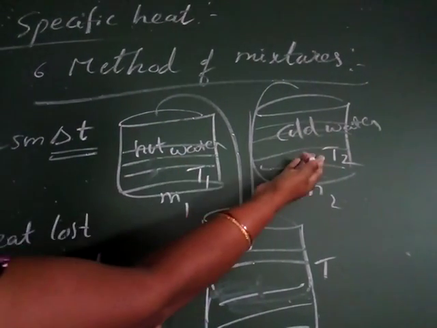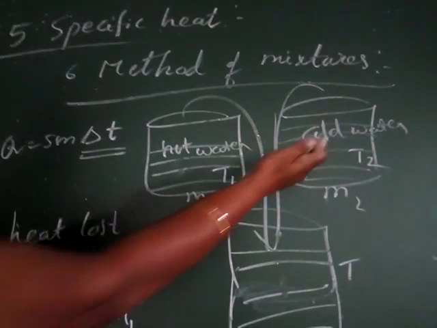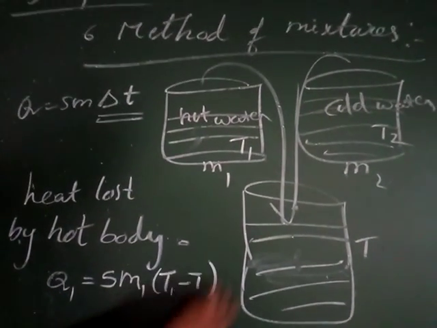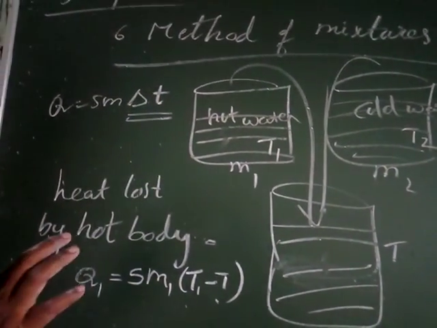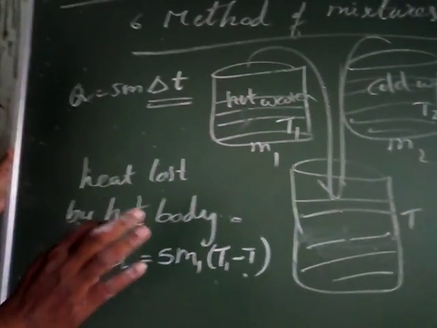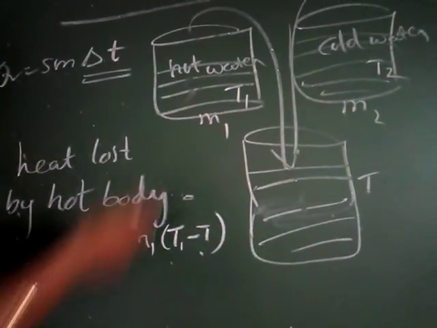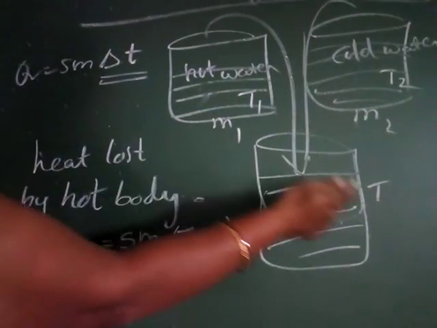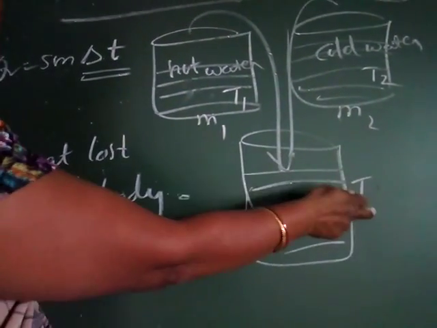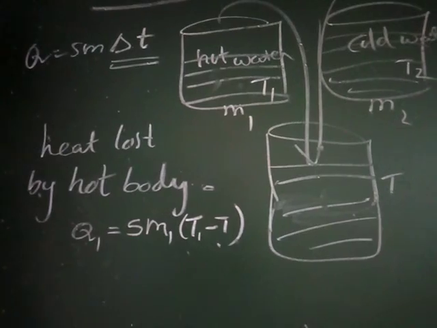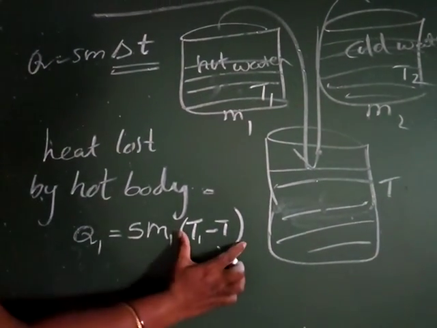Understand? It gave some heat energy to this cold water. That's why here it is T1 minus T. If you want to calculate the difference, we have to subtract the low value from the high value. Here the higher value is T1, the lower value is T. When you are comparing these two temperatures, that's why delta T is equal to T1 minus T. You have to understand this one point only.